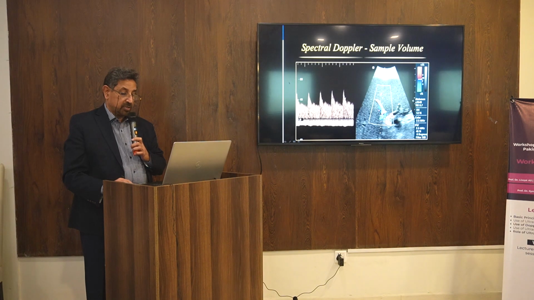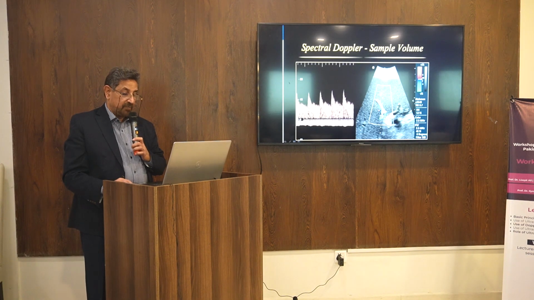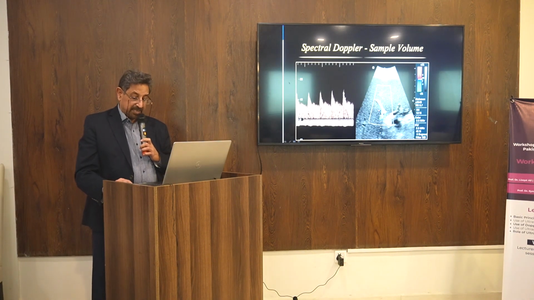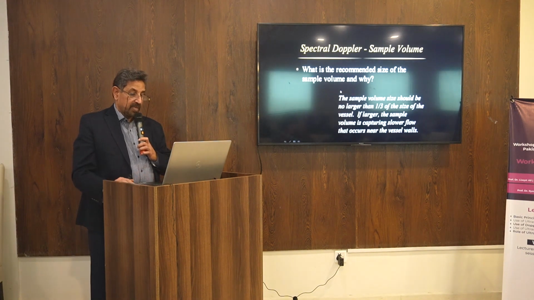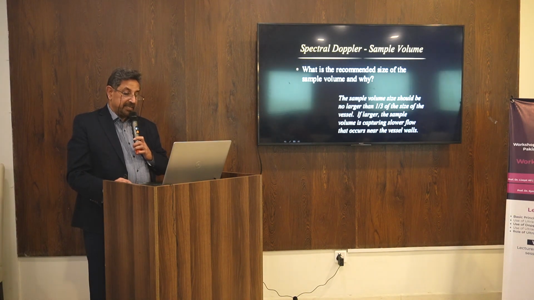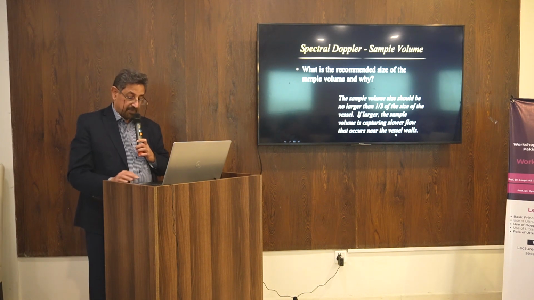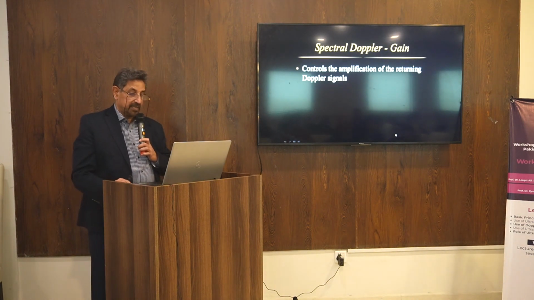Here we are seeing both arterial and venous, because our sample volume gate is wide open. So what is recommended? The sample volume size should be no larger than 1/3 of the size of the vessel. If larger, the sample volume is capturing slower flow that occurs near the vessel wall, which is not required.